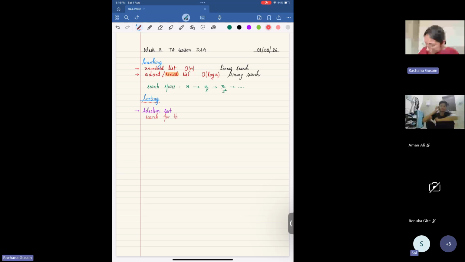It is n into n plus 1 by 2, which is big O of n squared, correct? So this selection sort involves searching for the minimum element in the list in each iteration.